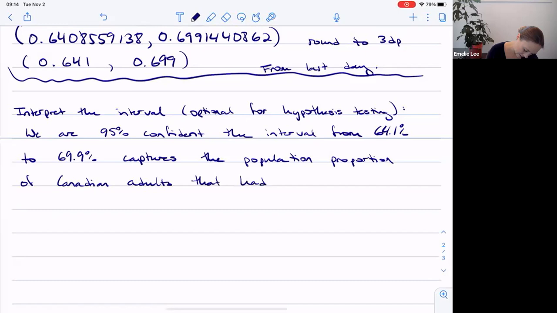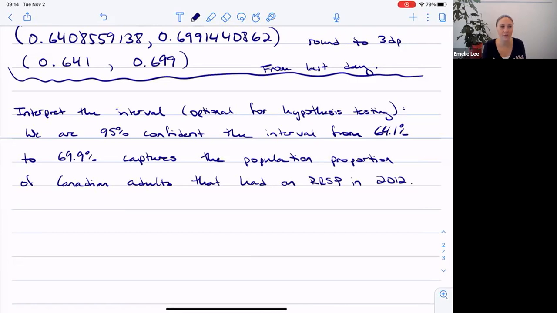That part's optional, but I hope that as soon as you've built a confidence interval, you feel the urge to interpret it.